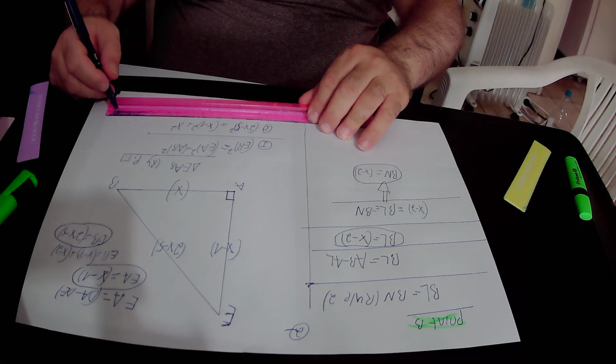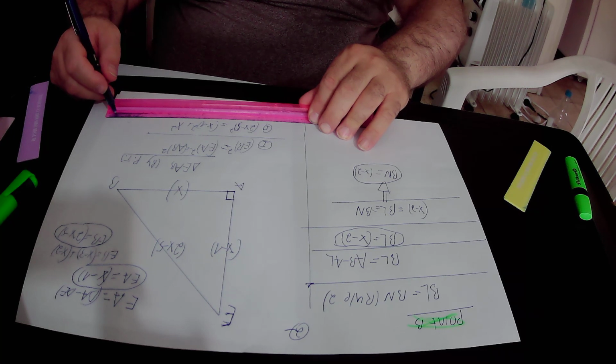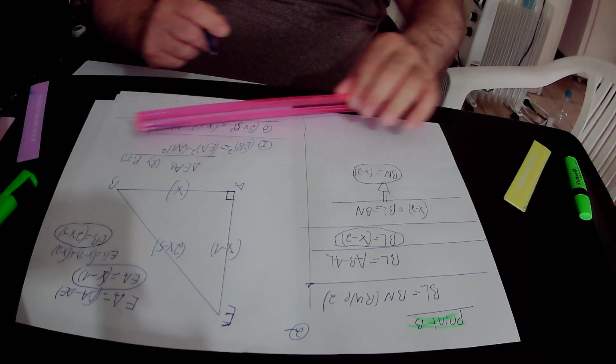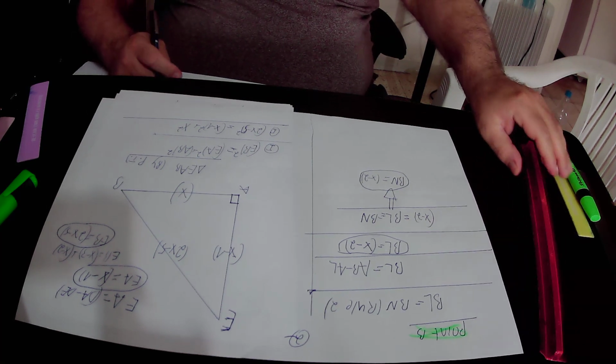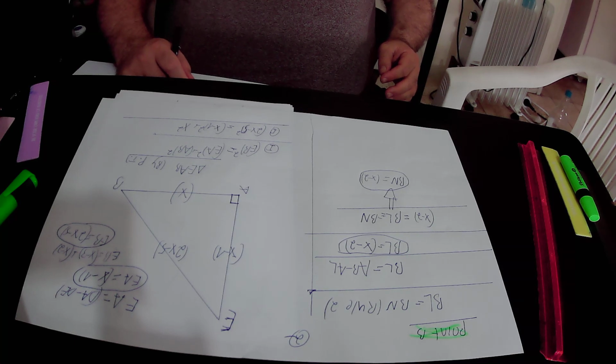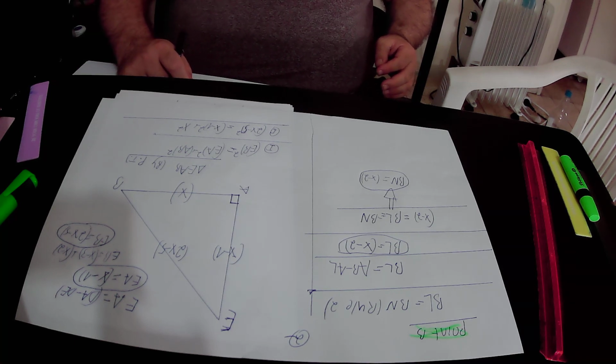Here we will open the brackets on both sides of equation number 1 according to the algebraic identity that a minus b squared equals a squared plus b squared minus 2 times ab.